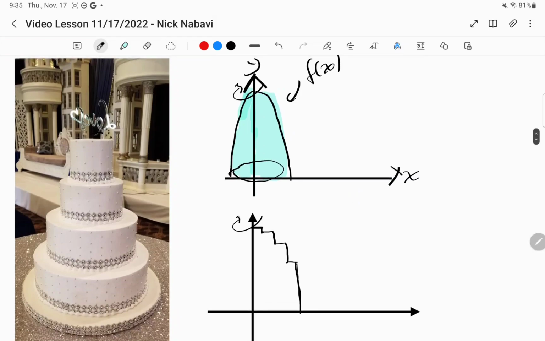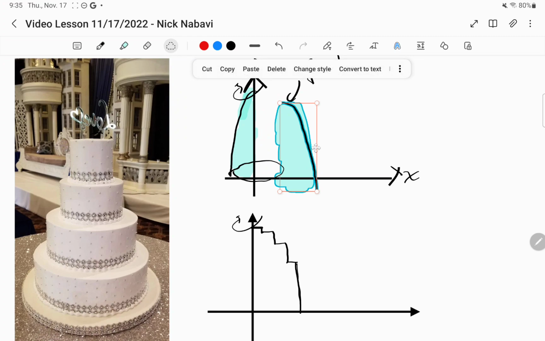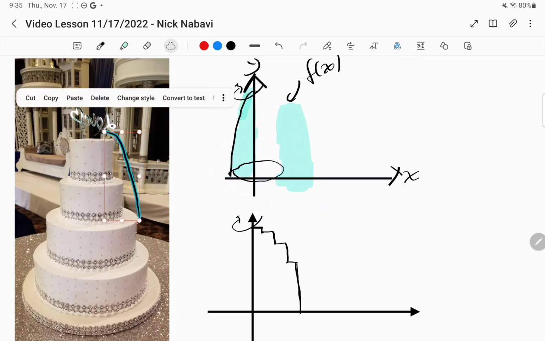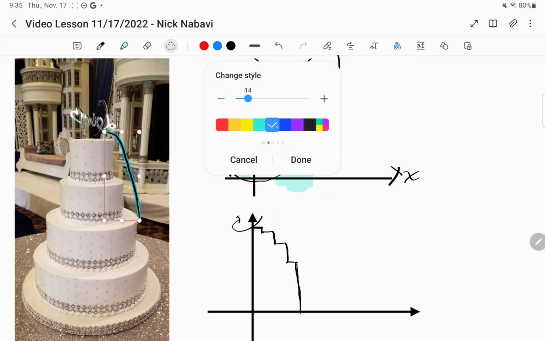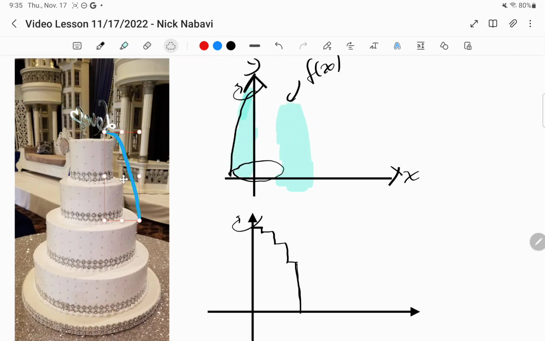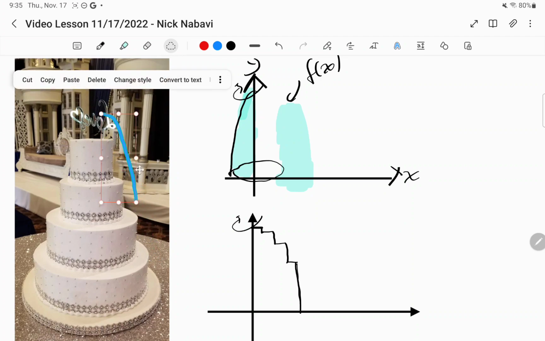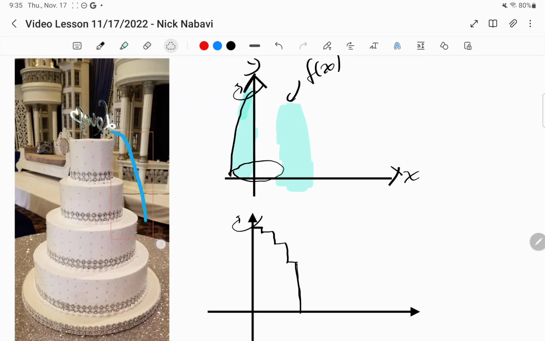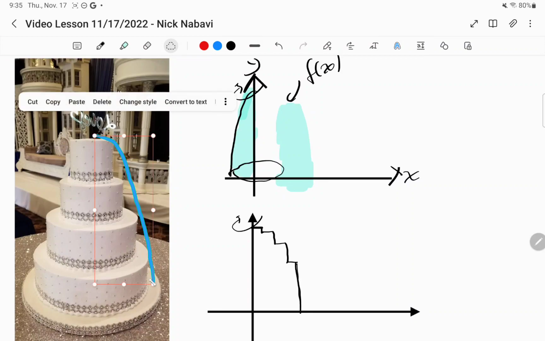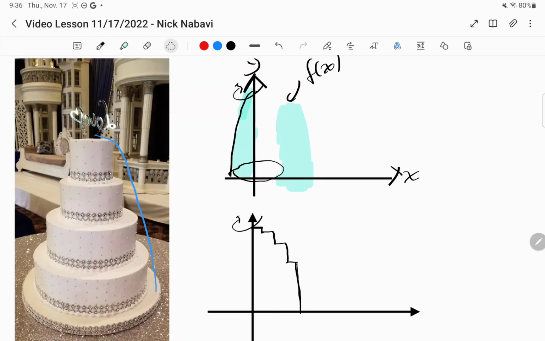What I want you to notice here is that this f of x that we're dealing with, if we expand it a little bit, we can see that this cake shape is sort of like the discretized version of f of x, okay?